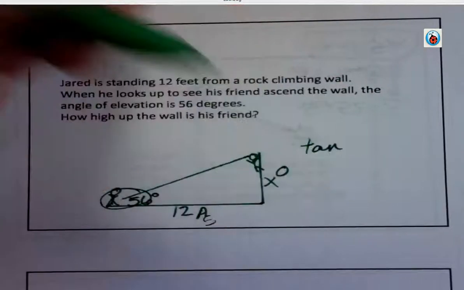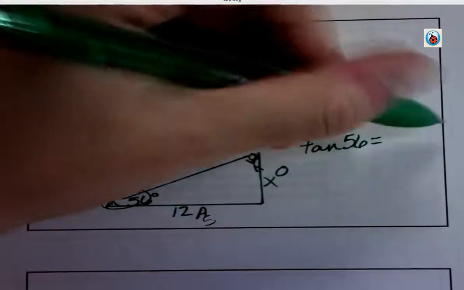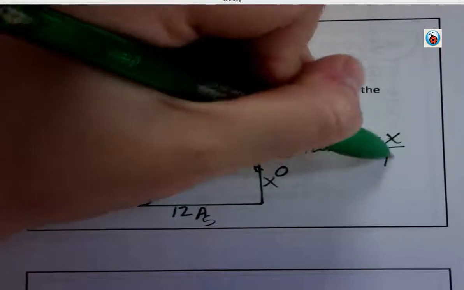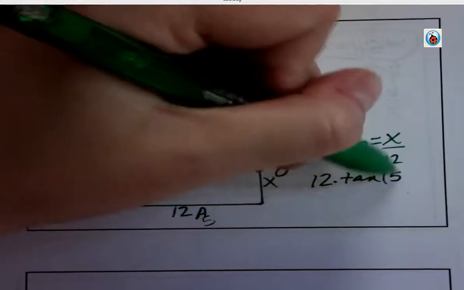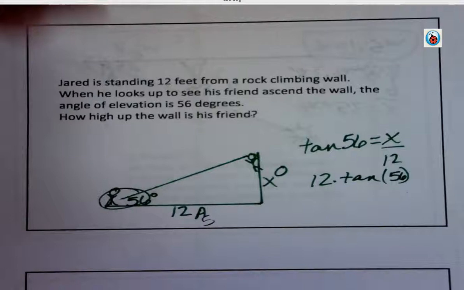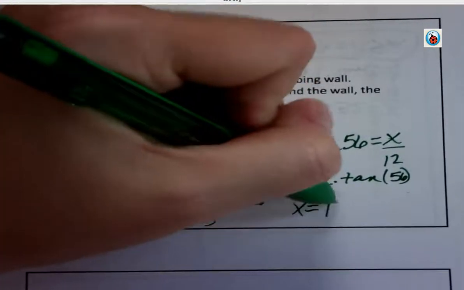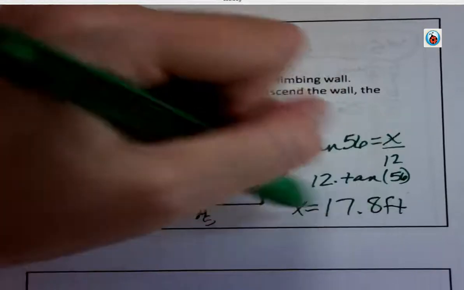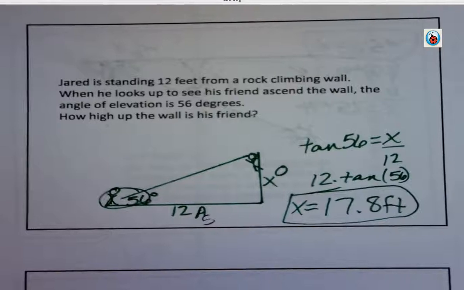This is going to be tangent of our angle, which is 56, equals the opposite side over the adjacent side. So 12 times tangent of 56. That's what we're going to put in the calculator, and we get x is 17.8 feet. So he is 17.8 feet high on that rock climbing wall.